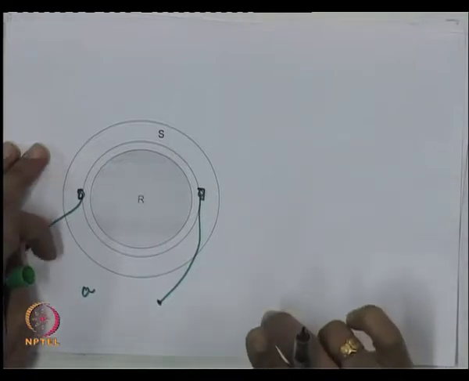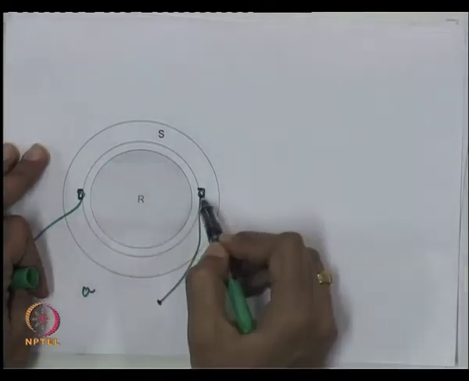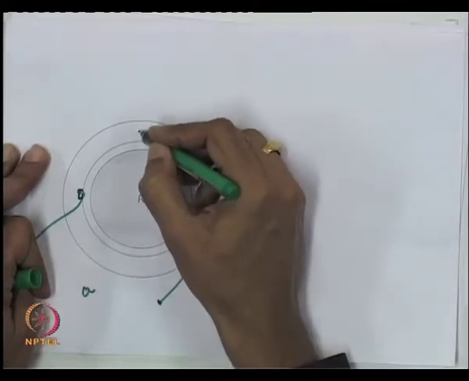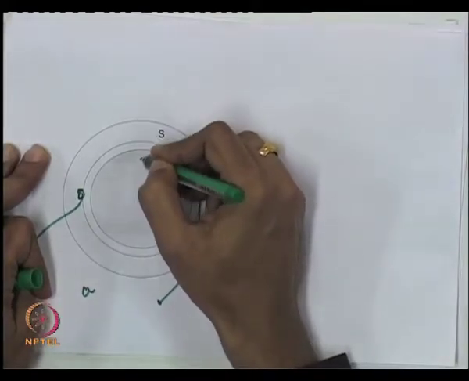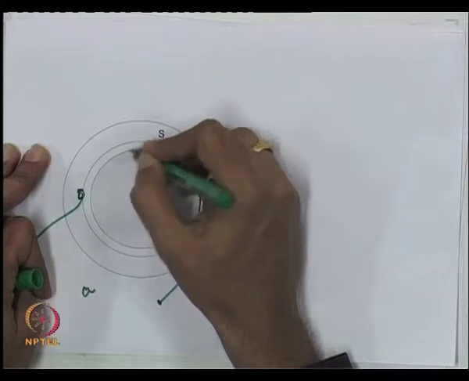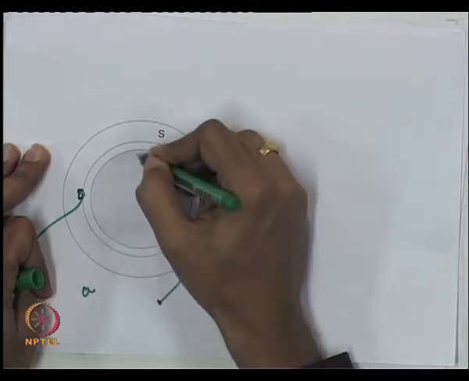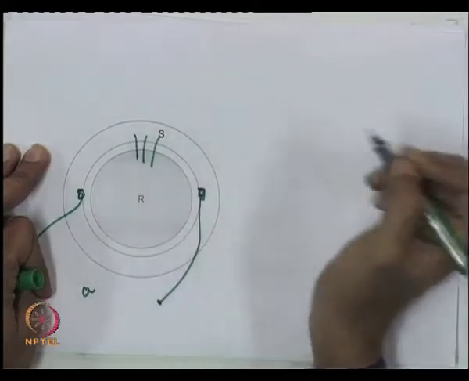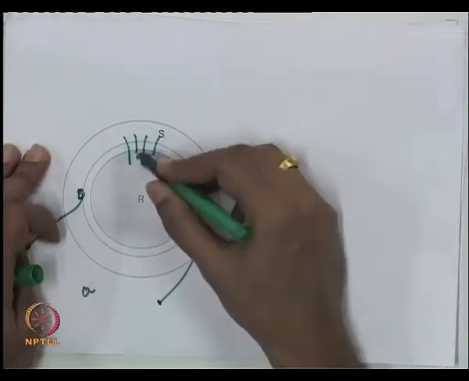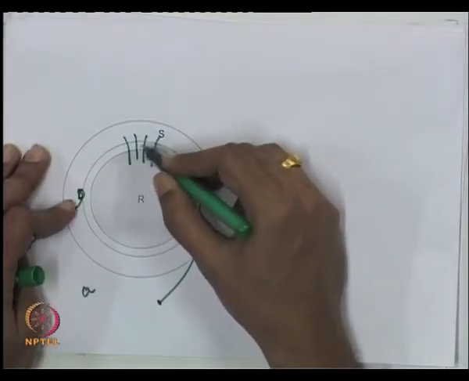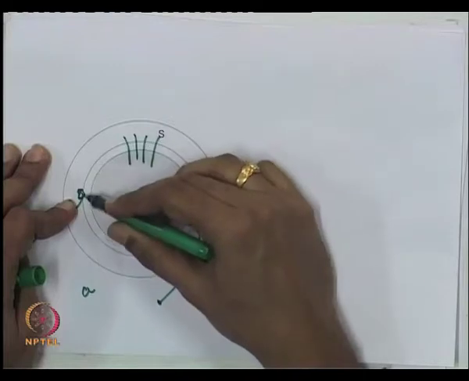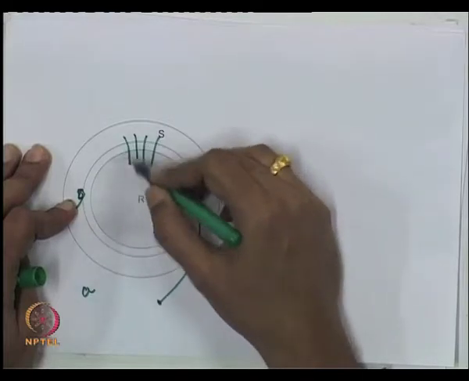one difference is there. The MMF which is caused by the A winding will be maximum, or it tends to cause, if you have got a cylindrical rotor, of course, maximum flux in this direction. So, we expect the MMF to be maximum here, since it tries to cause a flux like this.